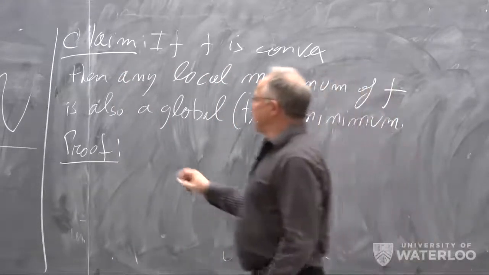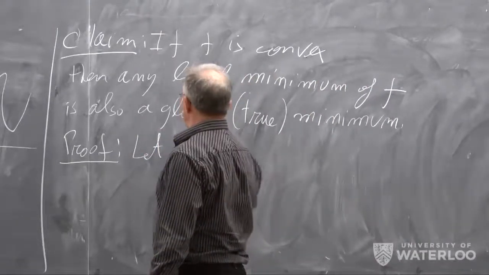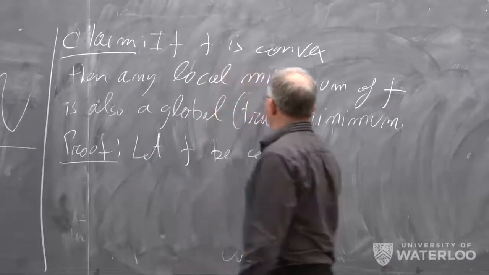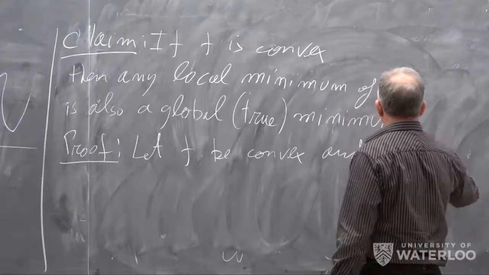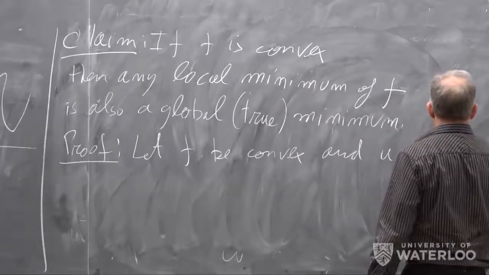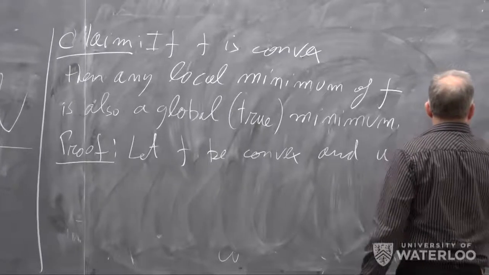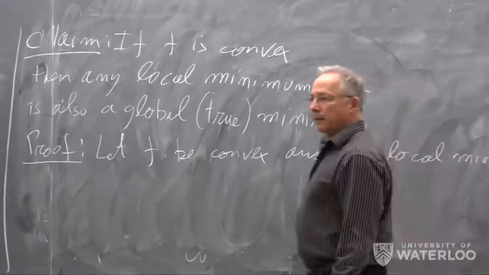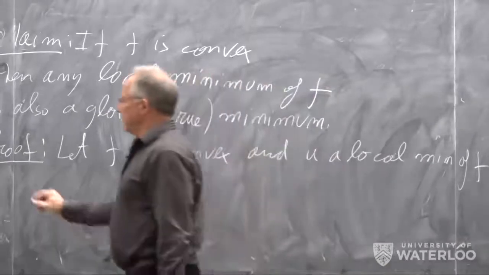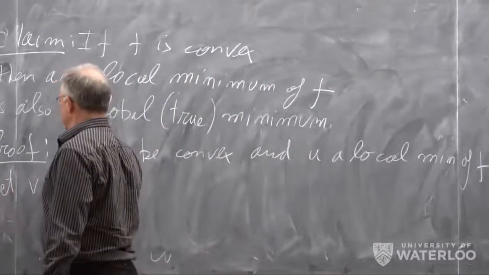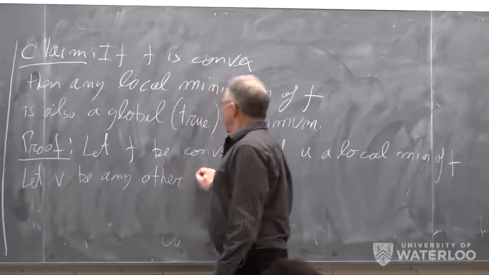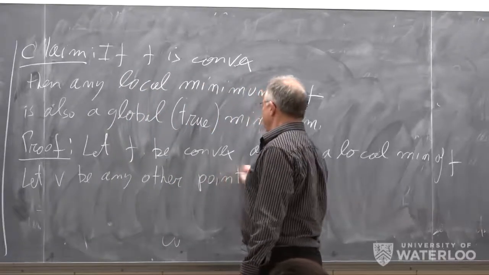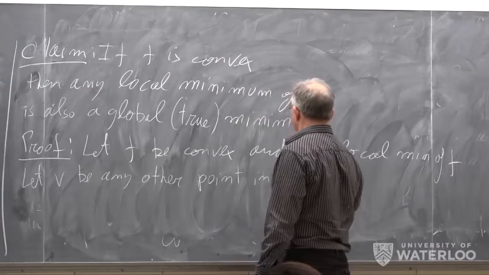So let f be convex and u a local minimum of f, and let v be any other point in Rd.